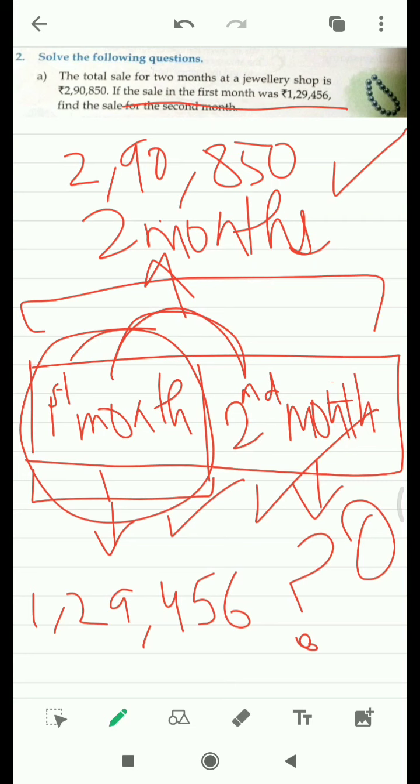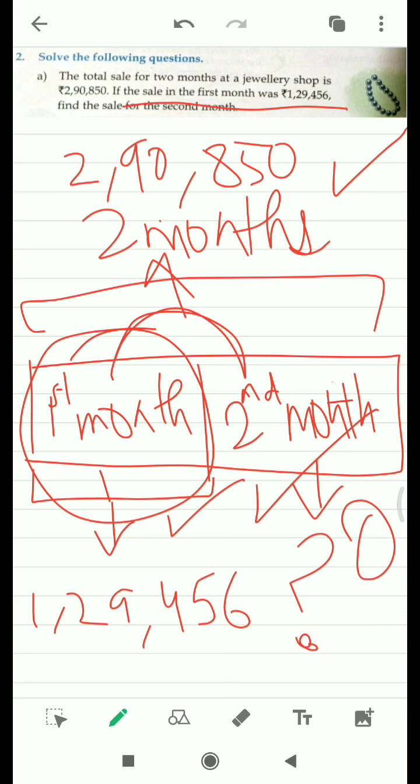देखो, अगर उस ज्वेलरी शॉप को अपने फर्स्ट मंथ की सेल्स पता है, उन्होंने कहीं नोट कर ली, सेकेंड मंथ की जो सेल्स है वो अपने रिकॉर्ड में नोट नहीं कर पाए, पर उन्होंने देखा कि 2 मंथ्स कंप्लीट होने पर हमारे पास 2,90,850 रुपीज़ बचे हैं, इतना कलेक्शन हुआ है. तो उन्हें अब चेक करना है कि हमें फर्स्ट मंथ का पता है और 2 मंथ का कलेक्शन भी पता है, हमें सेकेंड मंथ का निकालना है. तो वो क्या करेंगे?